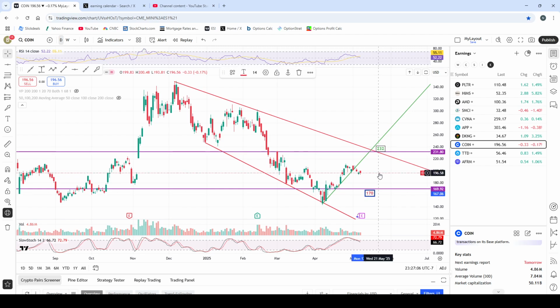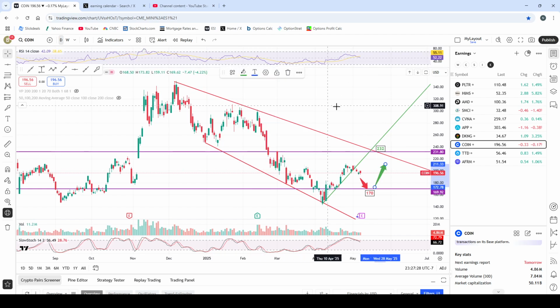That's a lower level. And I'm thinking if there's no good earnings, most likely it's going to pull back down as well before it bounces back up, right?